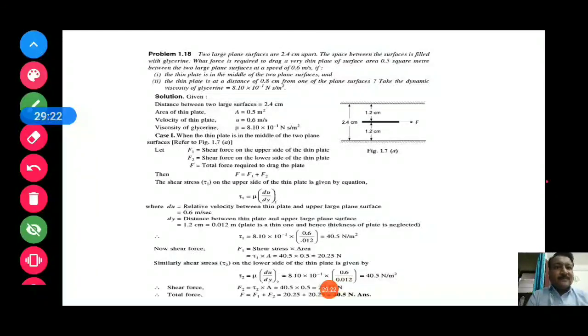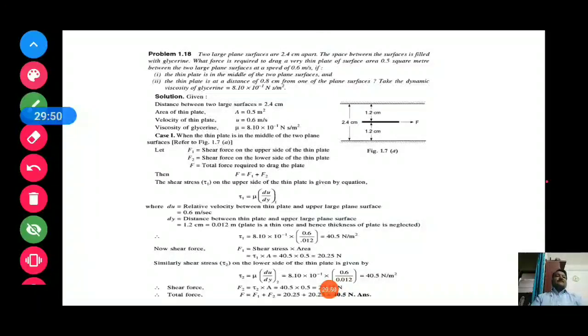First, the thin plate is in the middle of the two plane surfaces, and second, the thin plate is at a distance of 0.8 centimeter from one of the plane surfaces. Take the dynamic viscosity of glycerine as 8.10 into 10 raised to minus 1 Newton second per meter square.